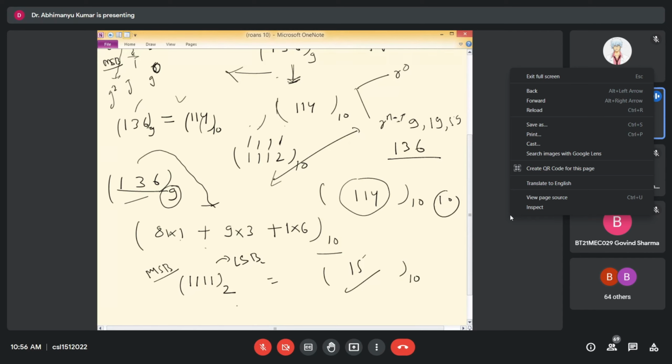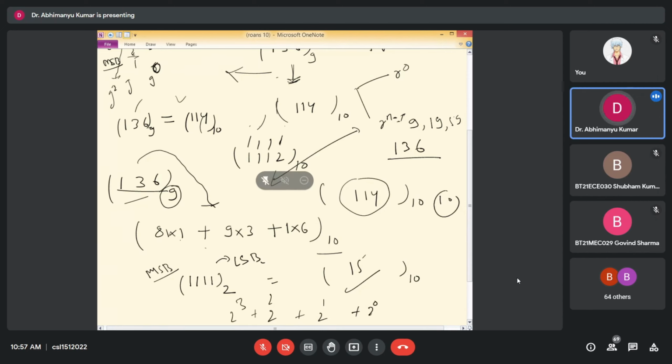Again it is 1 into 2 to the power 0, plus 1 into 2 to the power 1, plus 1 into 2 to the power 2, plus 1 into 2 to the power 3, right? So all four digits, 1, 2, 3, 4. So this is 8 plus 4 plus 2 plus 1, right? So this is 15.